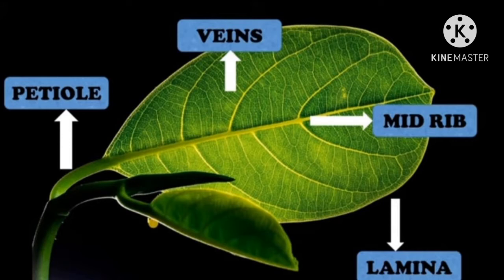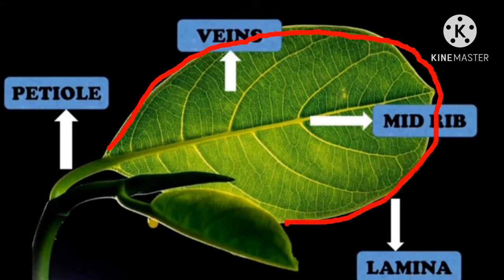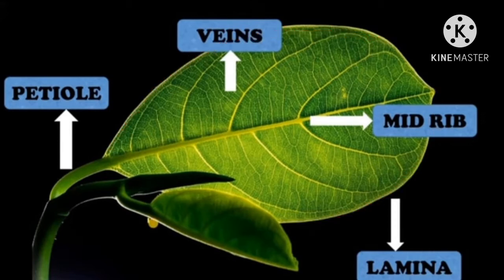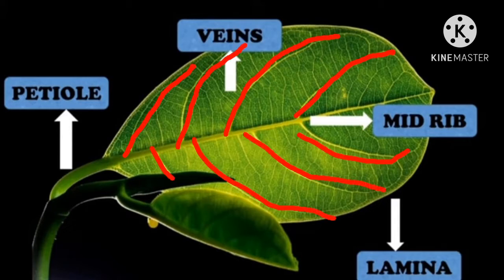Children, look at this picture. The part of a leaf by which it is attached to the stem is called petiole. Next, the broad green part of the leaf is called lamina. On the leaf, we can see the lines. Children, can you see the lines here?